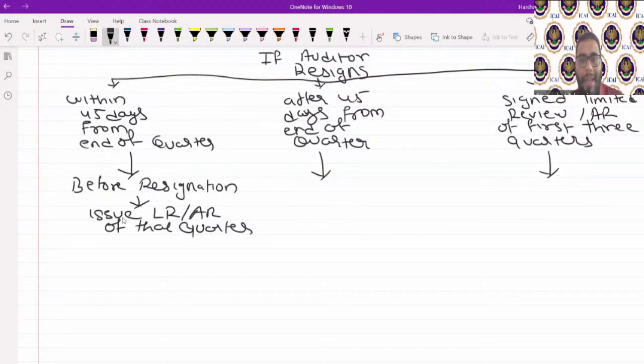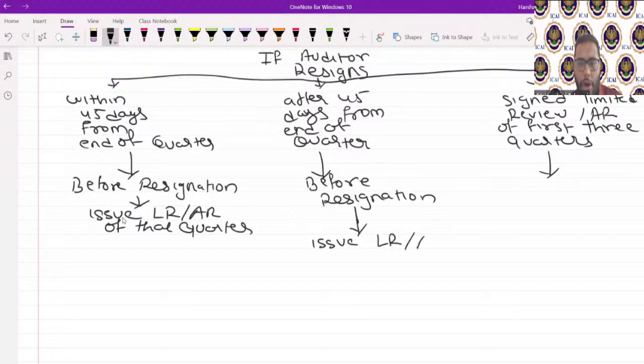Okay, now in case he resigns after 45 days from the end of the quarter, then before resignation, he must issue the limited review report or audit report of the current quarter, meaning the quarter which has now gone, and after 45 days of this quarter the auditor is resigning.